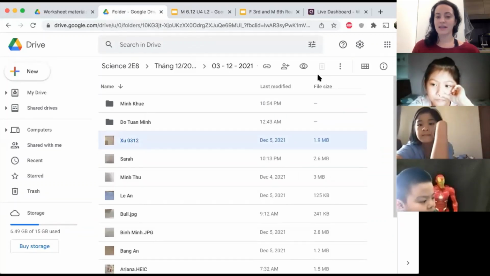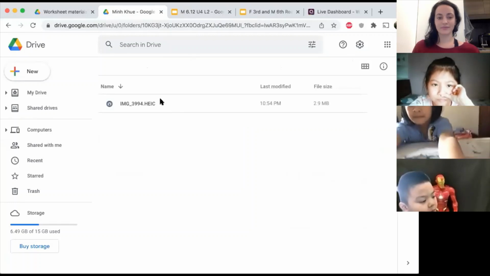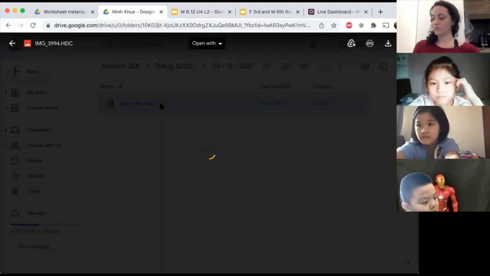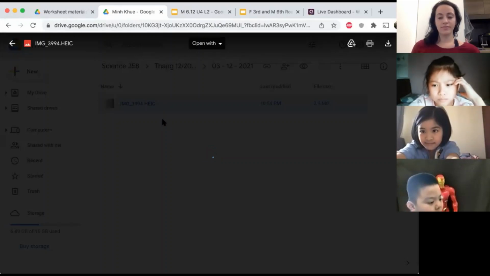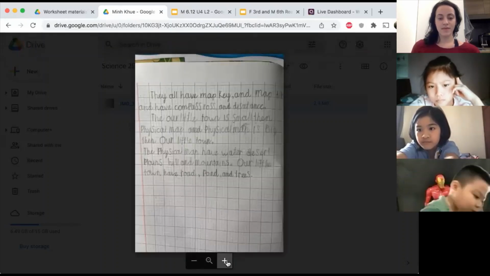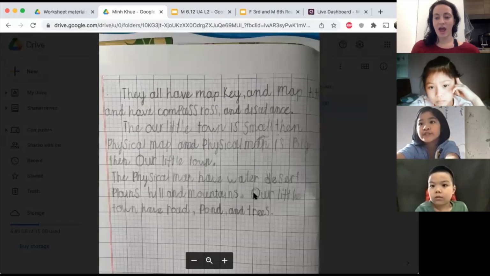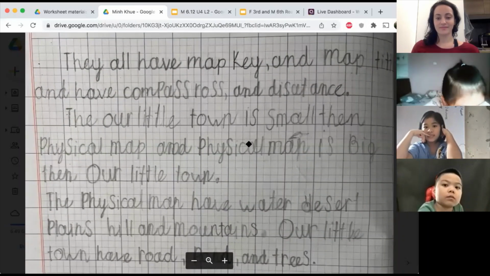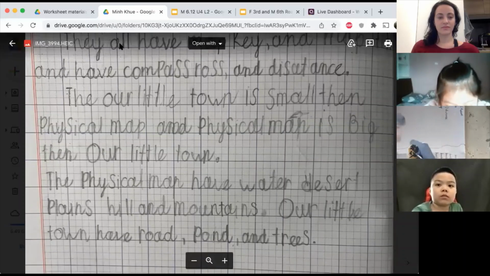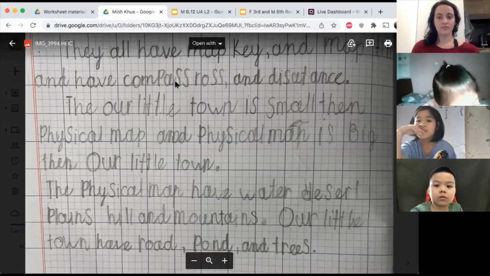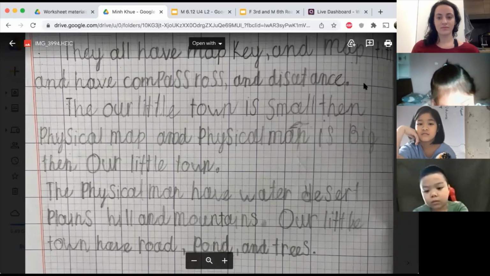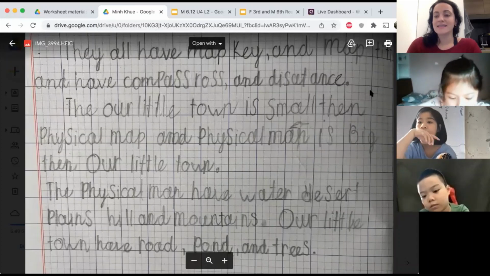Ming Kui, let's take a look. All right, Ming Kui, why don't you go ahead and unmute and read your answer for us? They all have map key and map title and have compass rose and distance. Say distance.